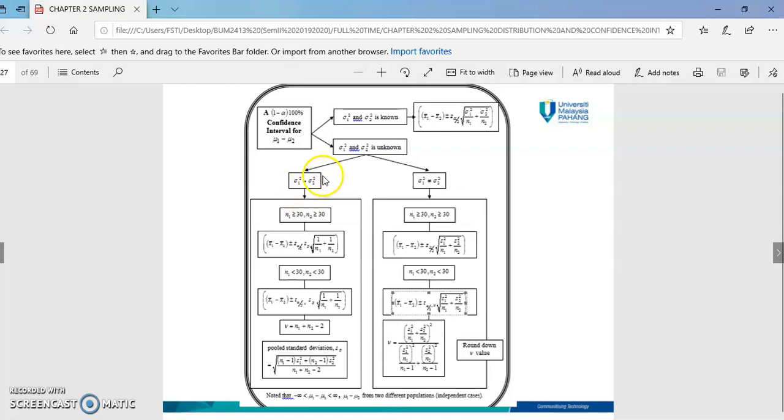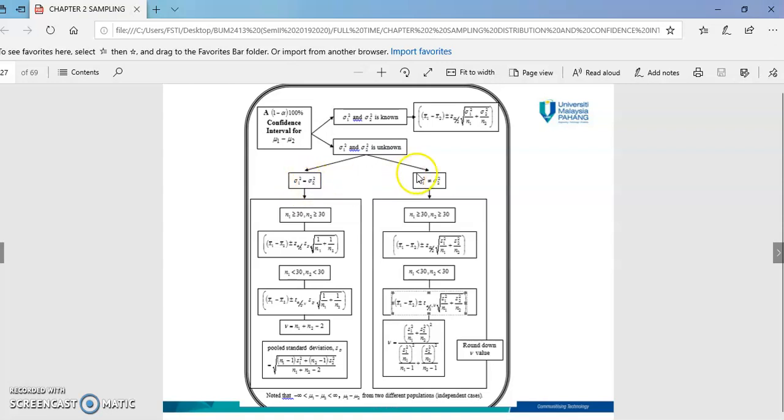This condition will be given in your question. It is sigma, not the S.